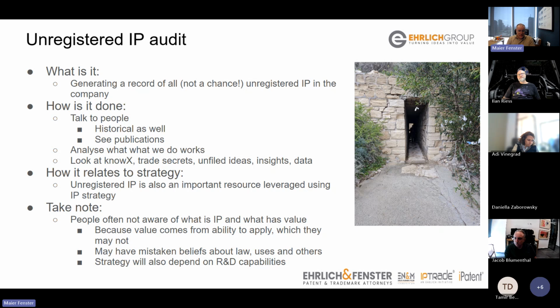Why not? Well, sometimes they have the wrong beliefs about what the law is, or how you use IP. Sometimes the value is not clear to them because they don't have the ability to apply the IP. And if they're not applying the IP, they don't know why it has value.